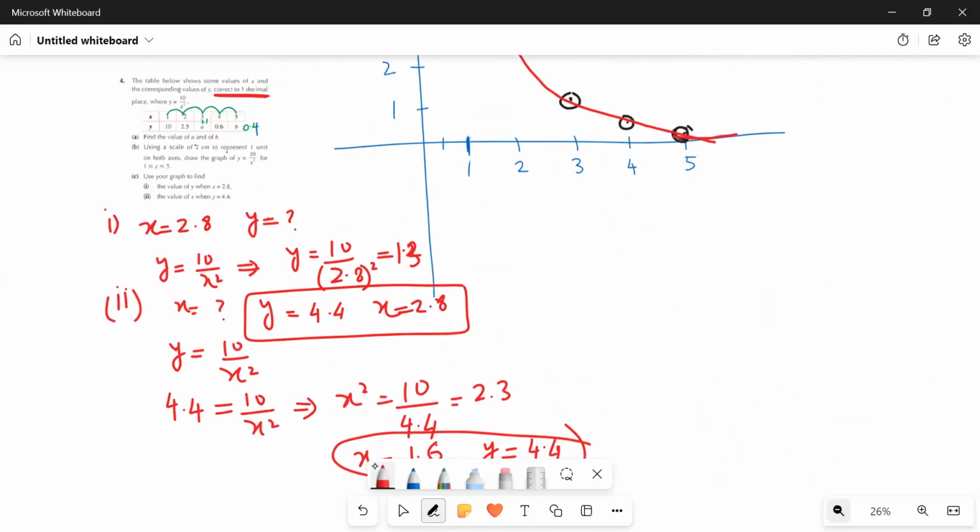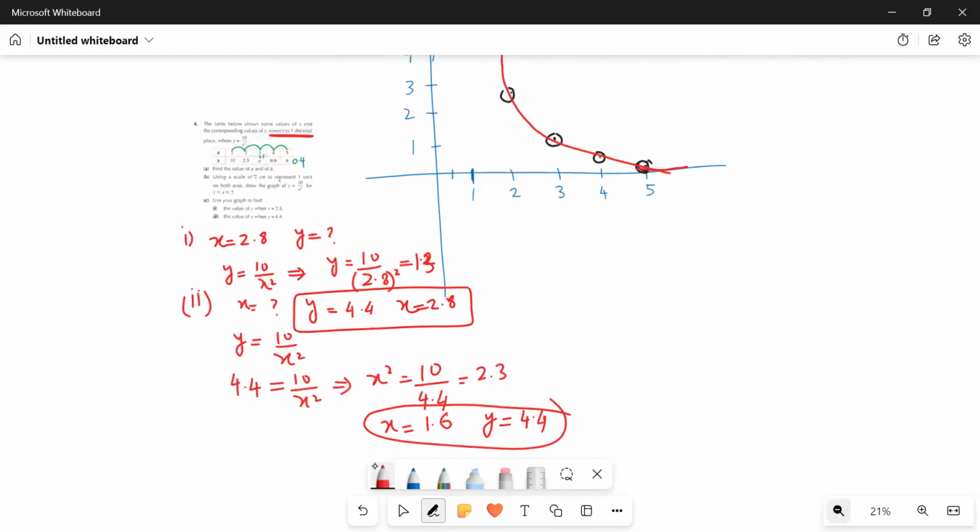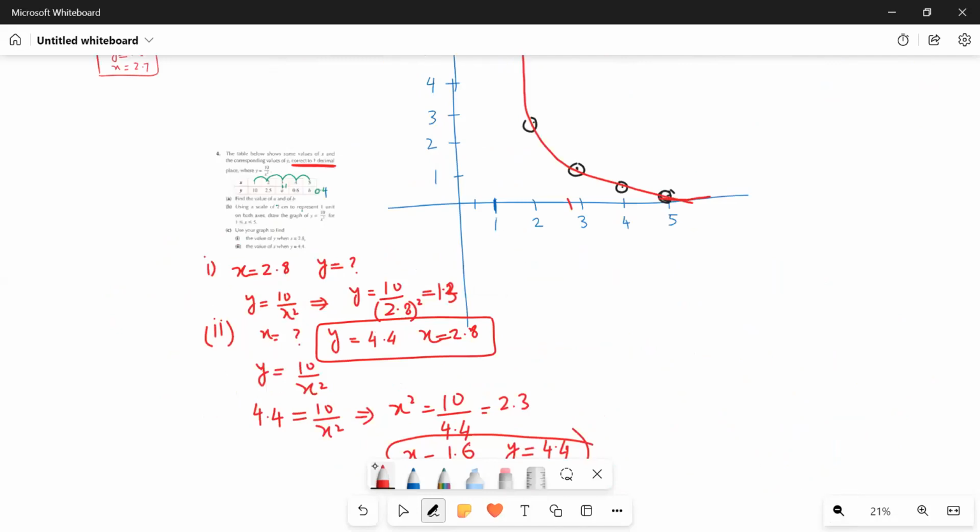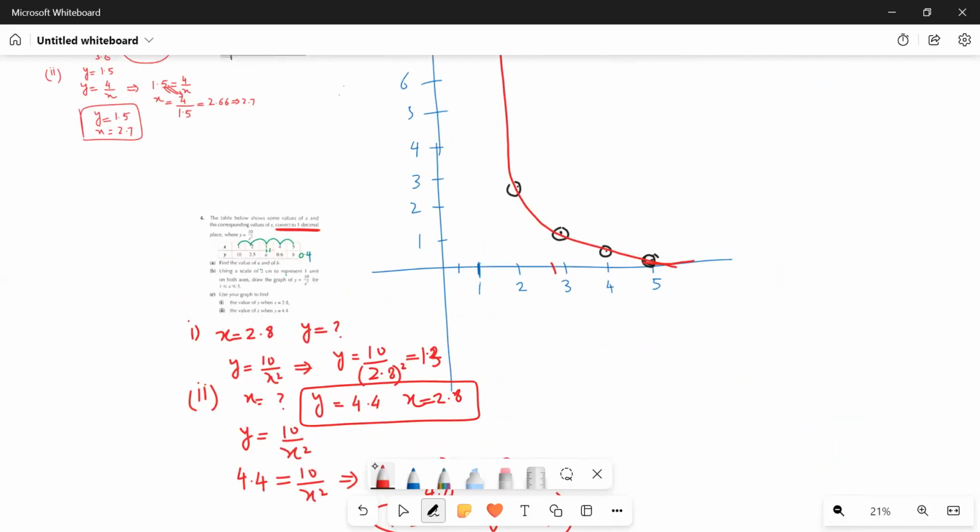For x 2.8, it will be here. So for y is 4.4. So it may be, but it is not matching on the graph.